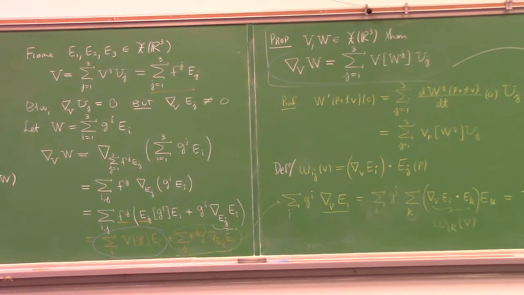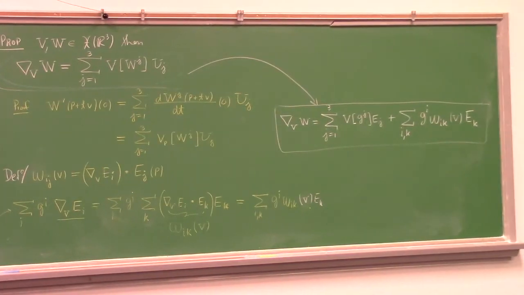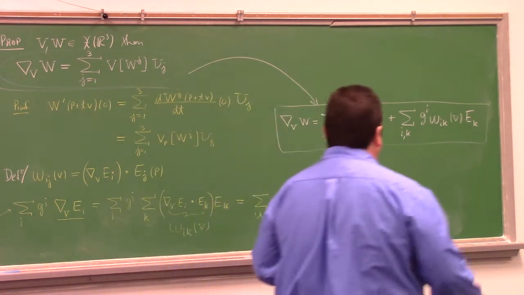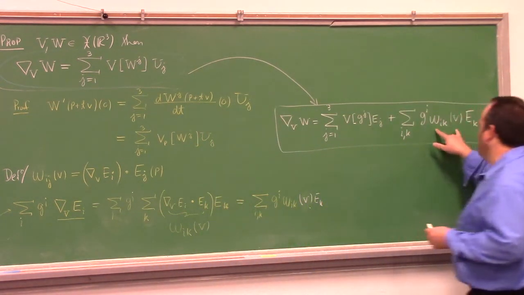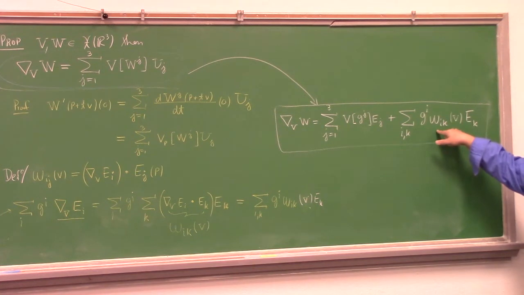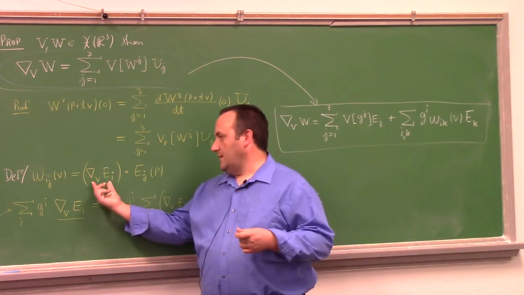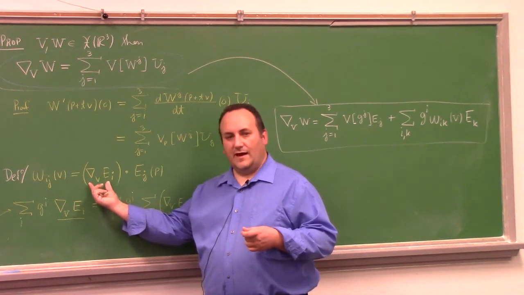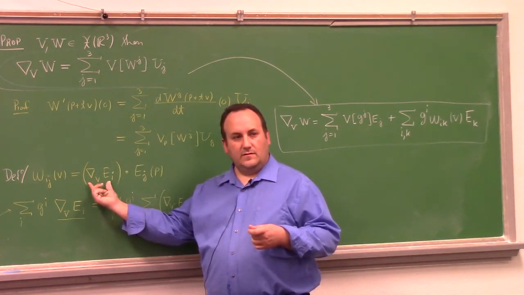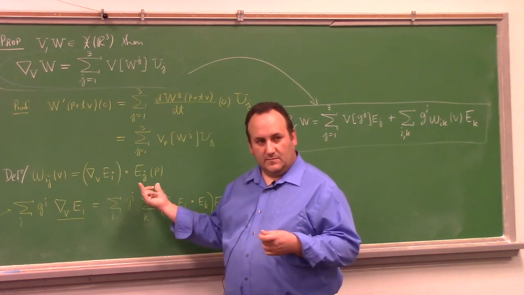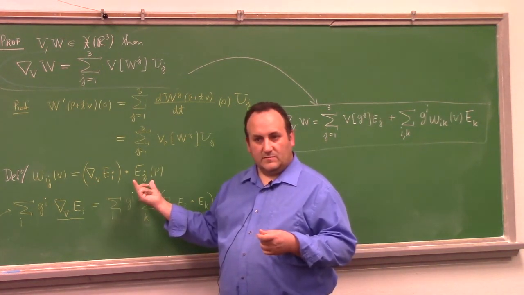When we use a possibly non-constant frame, we get this interesting new piece for the covariant derivative. These connection coefficients are something new. Basically, they're telling you how the ith basis element is rotating into the jth basis element in the V direction.